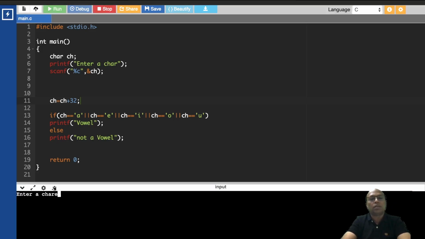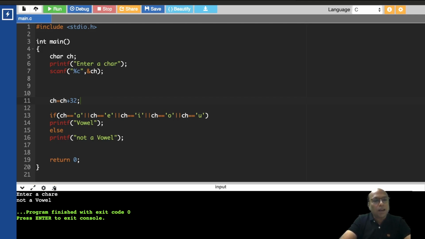I'm in trouble. Why? Because to the ASCII value of small e, which is 101, you added 32. This does not match with anybody. That means this statement needs to be selected with a condition. What is the condition we need to apply? My CH should be in the range of uppercase A to uppercase Z, right? How to write it?